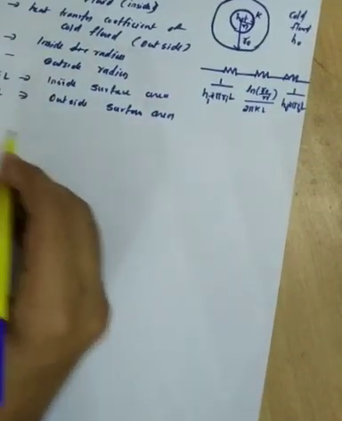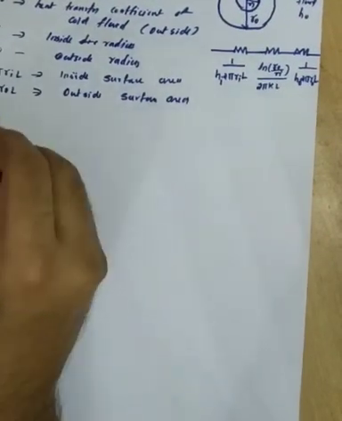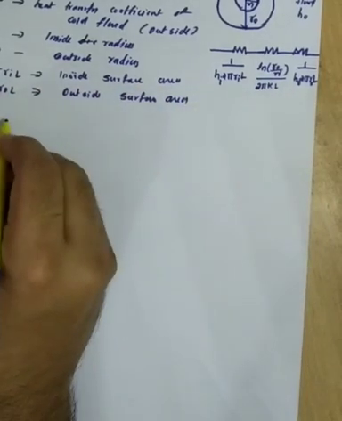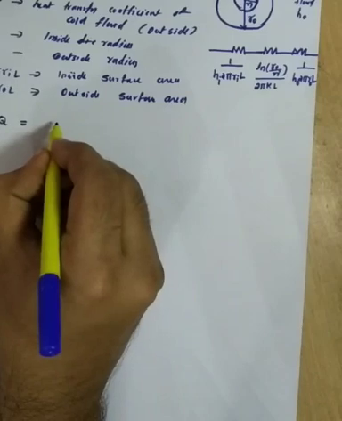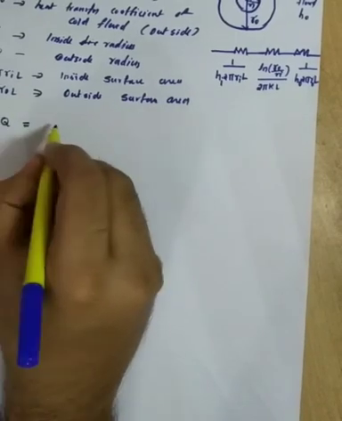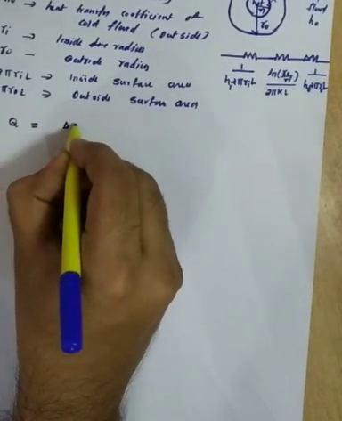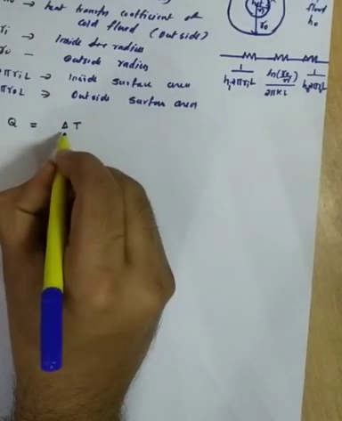Then we can write the heat transfer equation for this flow as Q is equal to delta T by R total.